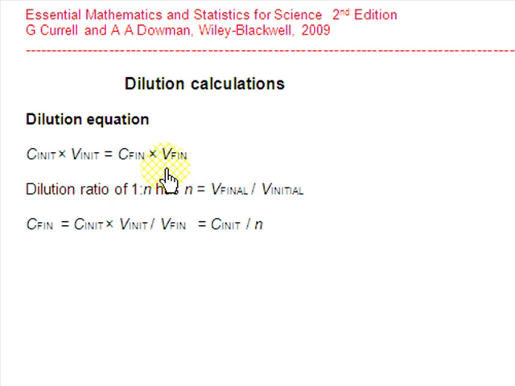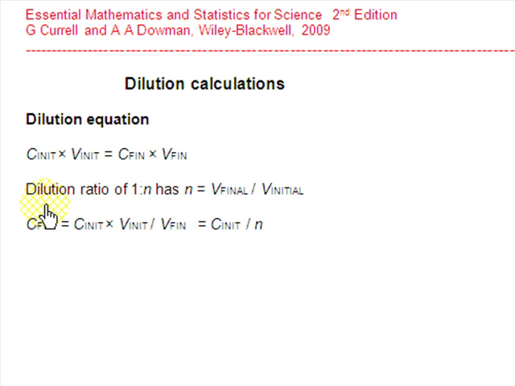And then as we add pure solvent, the concentration of the initial solution decreases, giving us a final concentration, C final. And the relationships between the initial and final concentrations, initial and final volumes, are given by this simple equation.